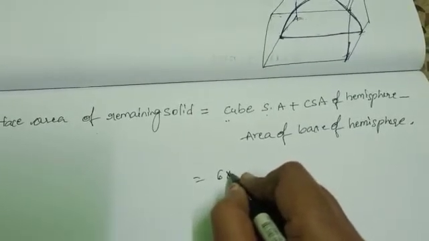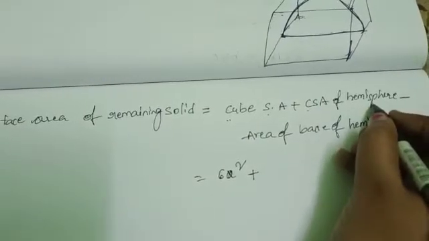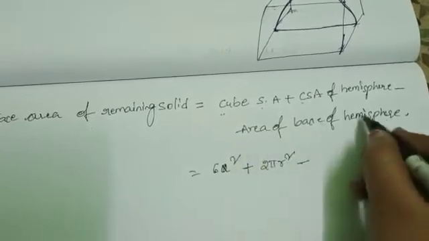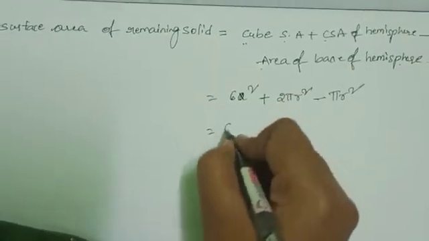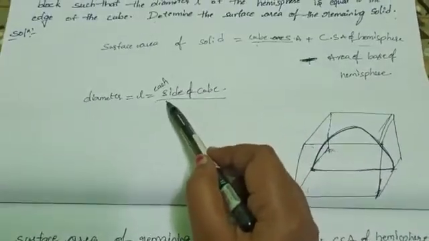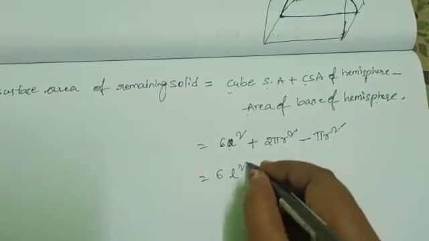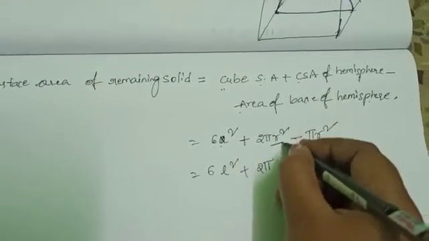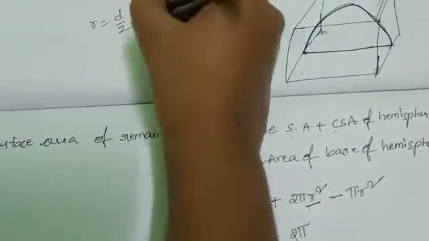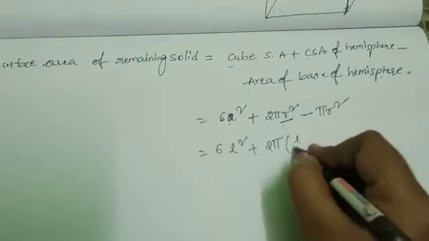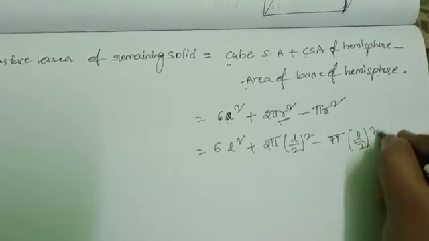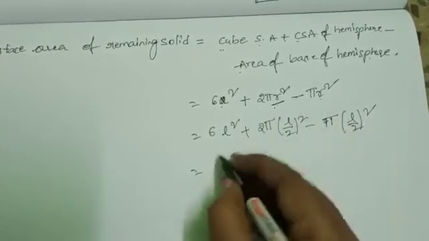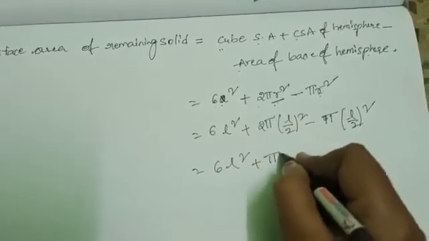So 6a square plus the curved surface of the hemisphere, which is 2 pi r square, minus the area of the base of the hemisphere. The base looks like a circle, so its area is pi r square. 6a square, where a equals L, since each edge of the cube equals L. So 6L square plus 2 pi r square, with radius equal to diameter by 2, that is L by 2, whole square, minus pi r square, where r is L by 2.